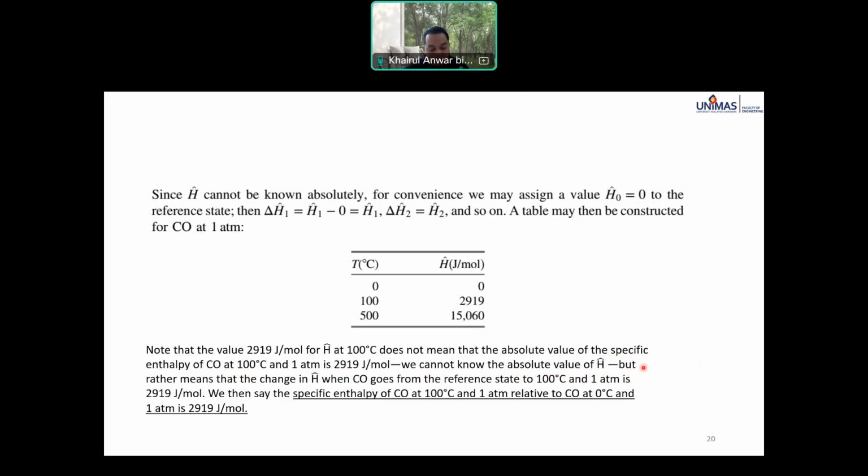This 2919 is based on the reference state, where at 0 degrees C the enthalpy is 0. So we can say the specific enthalpy of CO at 100 degrees C and 1 atm, relative to CO at 0 degrees C and 1 atm, is 2919 joules per mole.